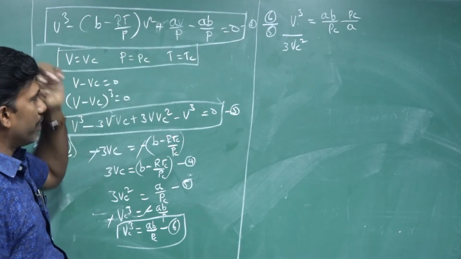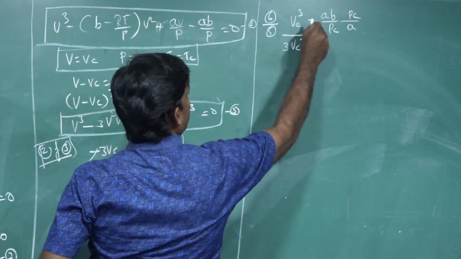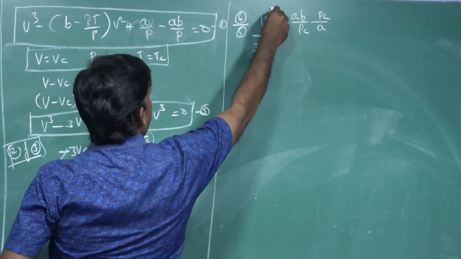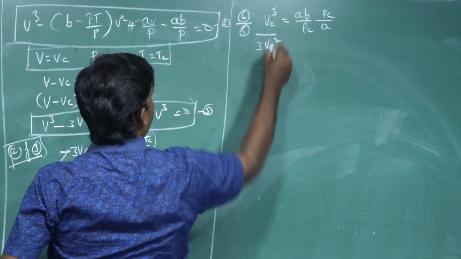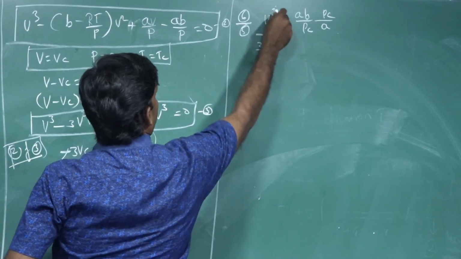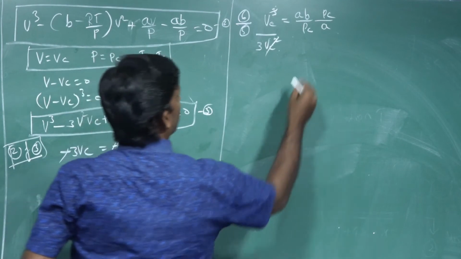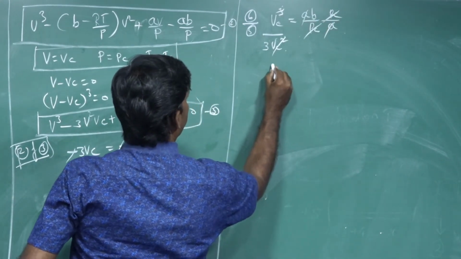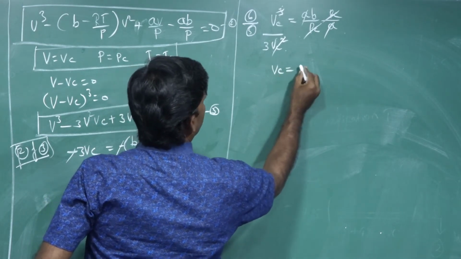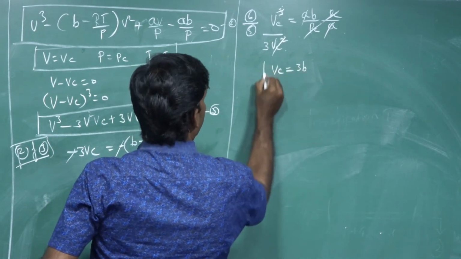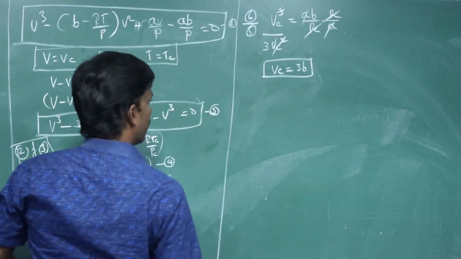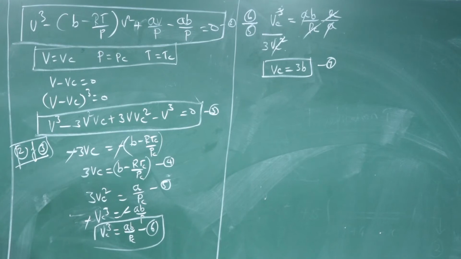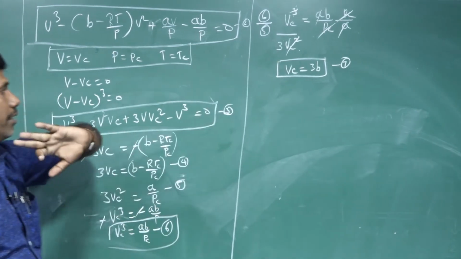So what can cancel? Vc squared and Vc, you strike this, Vc will come, then PC cancels, A cancels, and finally you get Vc equal to 3B. So we got equation number 7, one solution at last: the critical volume Vc is 3B.